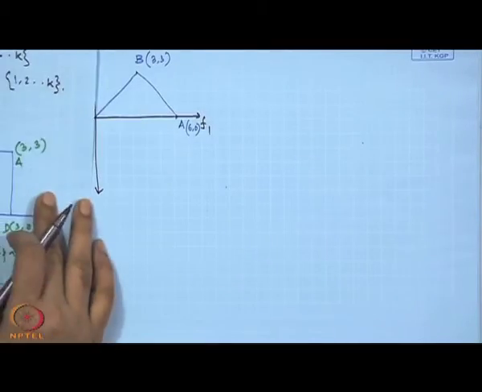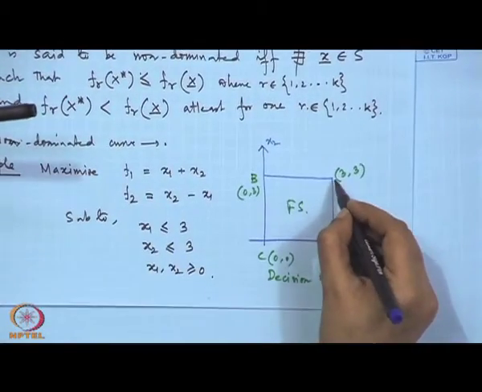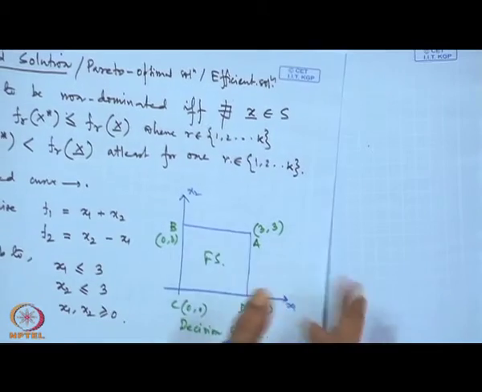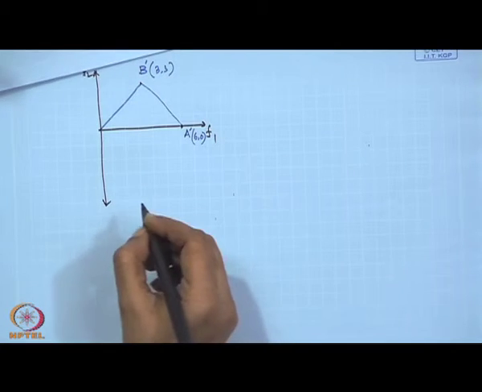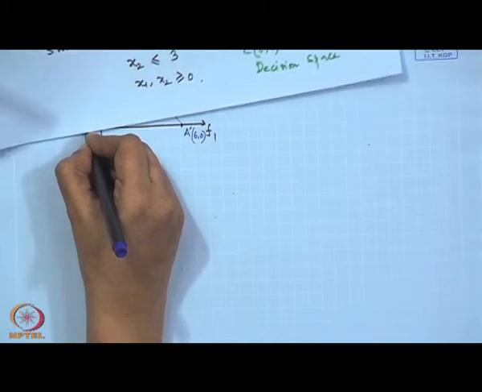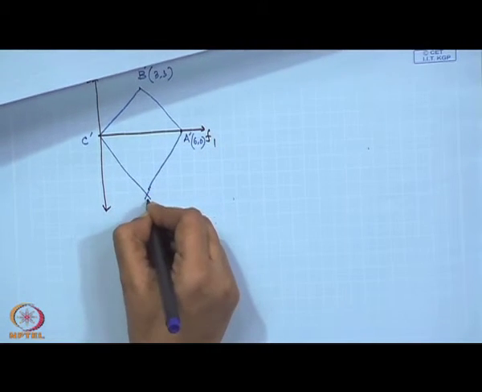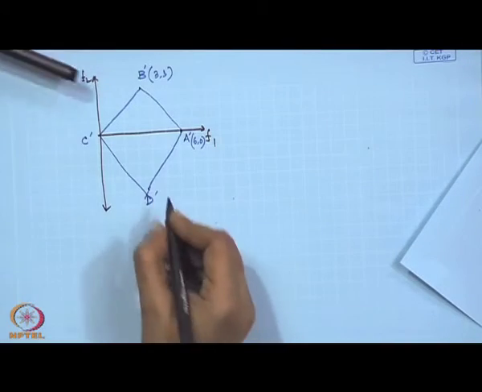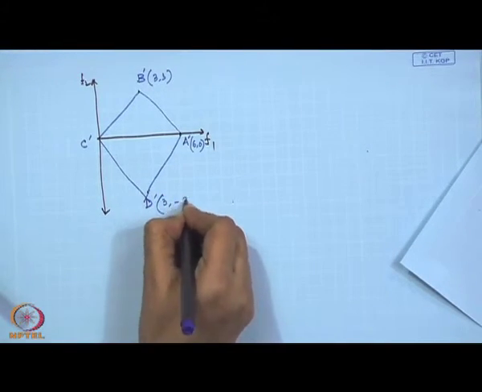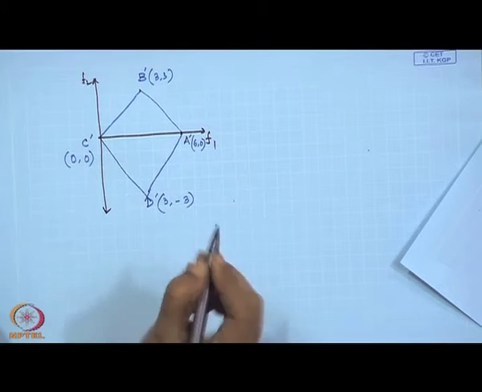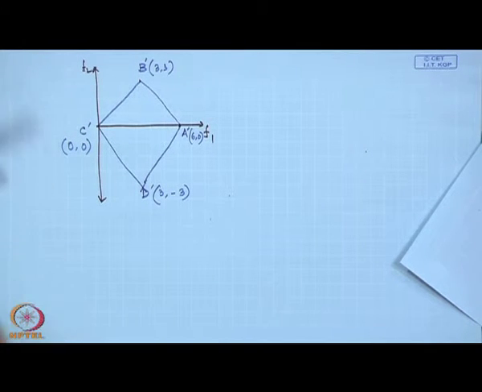If you see the curve, A is mapped to this point in the criterion space. The point (0, 3) is B, I should not write A, let me put A prime, B prime in the criterion space, and this is C prime and this is D prime. And we will see the values here are 3, -3, and at point C, 0, 0.